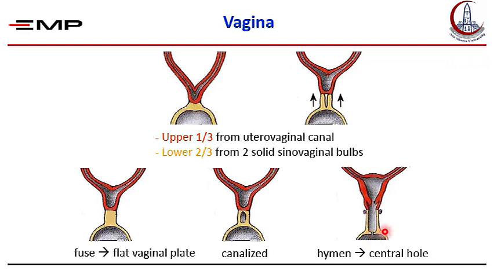So at the site of the original Mullerian tubercle, the hymen develops. The upper part of the vagina comes from the paramesonephric duct system. The lower 2/3 of the vagina come from sinovaginal bulbs of the urogenital sinus, or it comes from endoderm. This is mesoderm, this is endoderm.